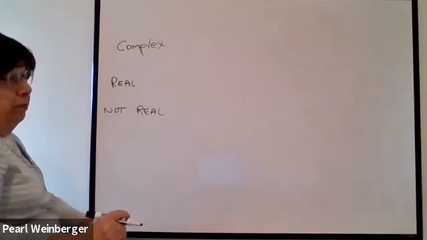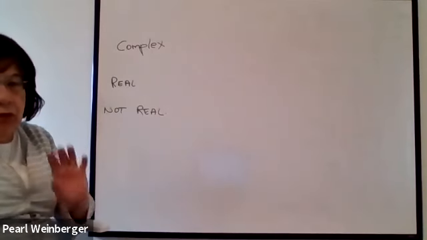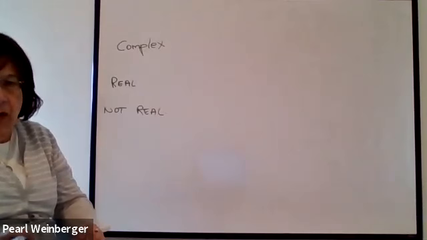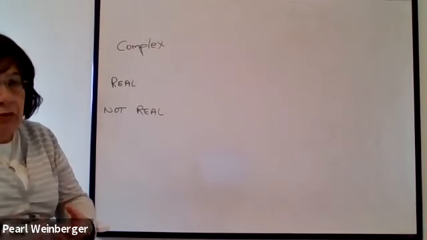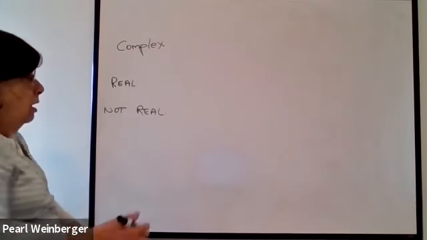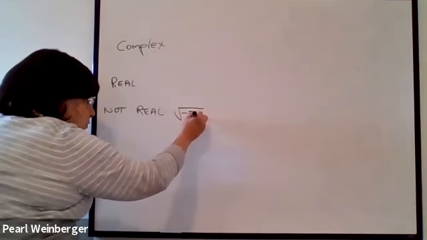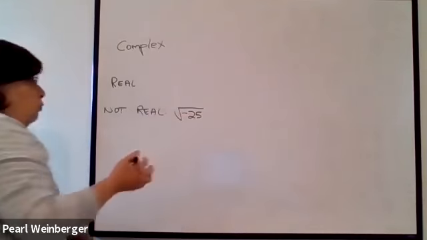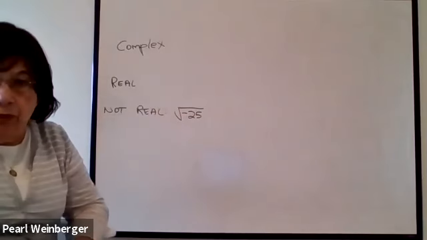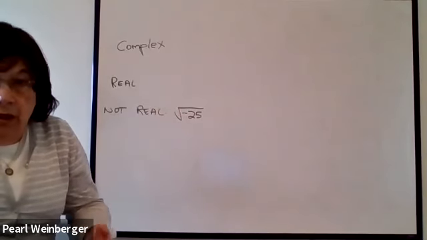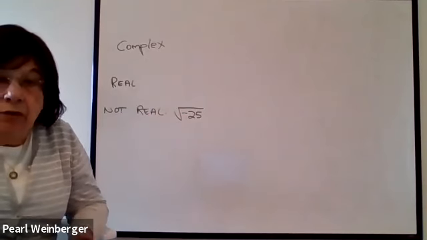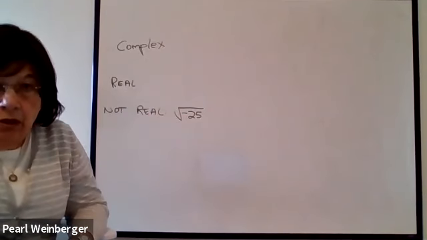The only type of numbers that we have mentioned so far that do not belong to the real number system are numbers like the square root of -25. A square root of a negative number. We don't have any real answer for that.